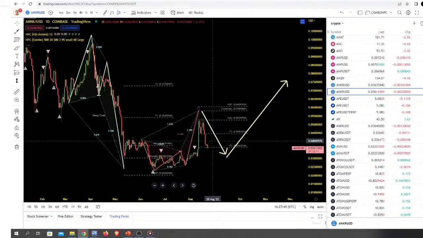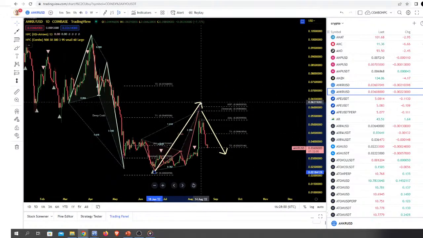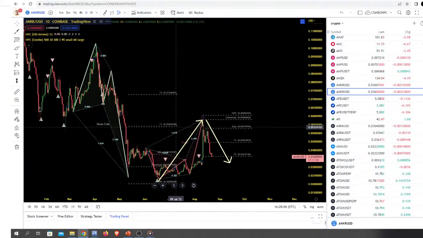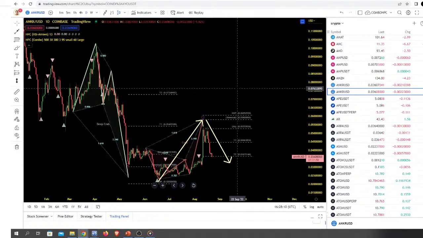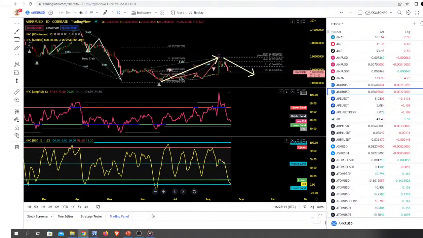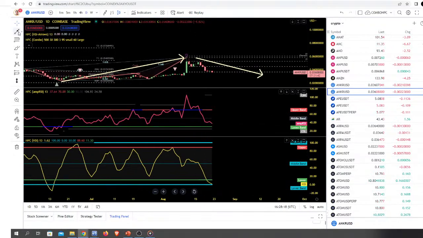Your type 2 return for Anchor is already over structurally because you did the move up from the low at 2.2 cents. And I said this was a percentage move where you go from 2.5 to 5.4. That's 100% gain. And then the reaction, the return phase, that's what it did. Now look at HSI. Deeply oversold, so you're not doing anything yet until that comes out of the zone. But that's where we are.